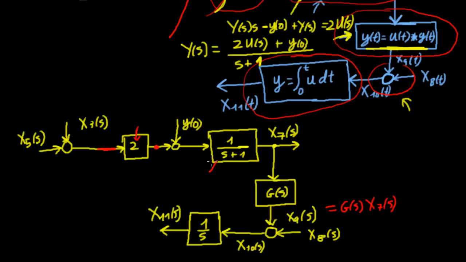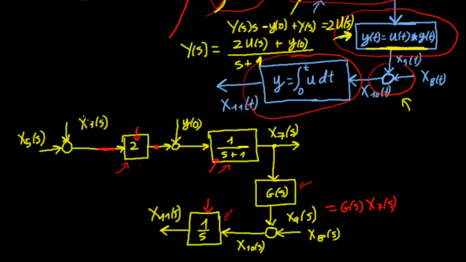And the same thing happens here, and the same thing happens here. So, in a way, all blocks become transfer functions. Can you see that? All blocks have become transfer functions because their output is given by the multiplication of the input and by what is inside the block.